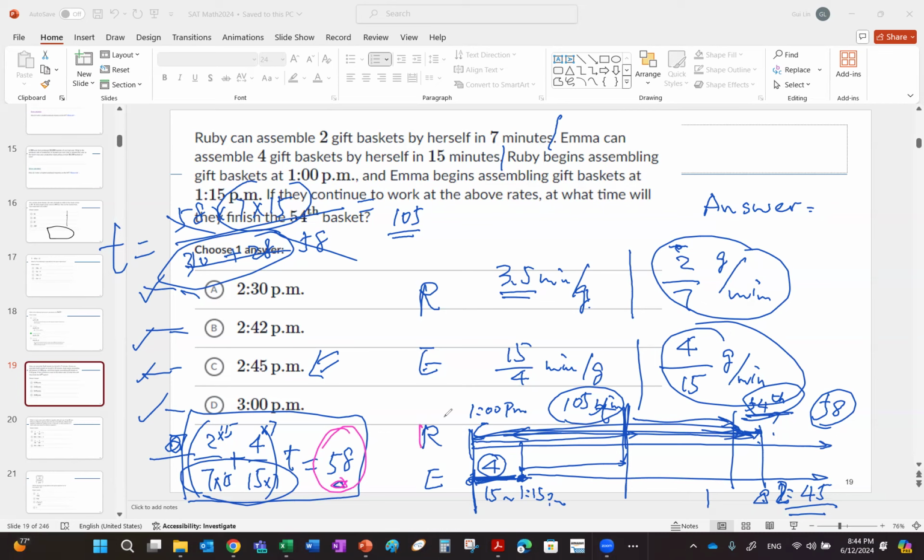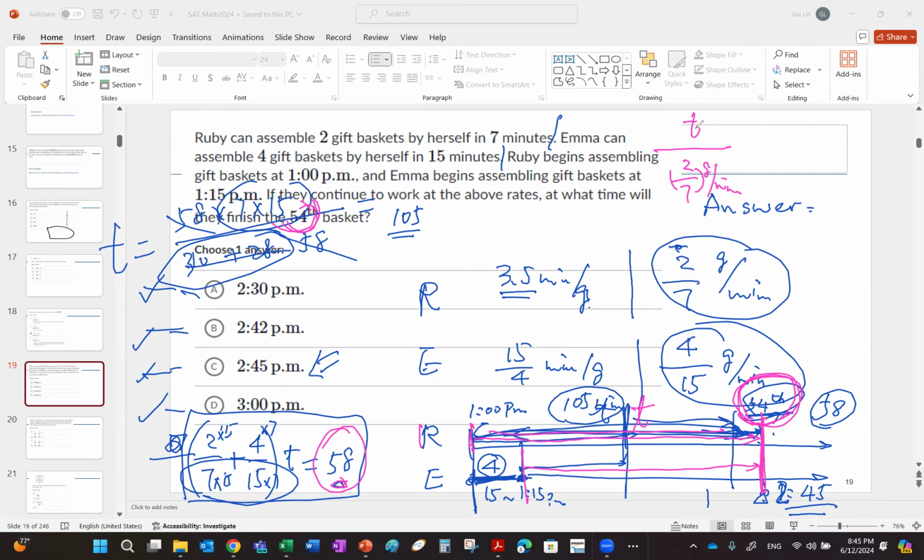The question says, if they continue to work at the above rate, at what time will they finish 54, right? Ruby begins here at 1 o'clock, and I don't know how much they make. And Emma finishes here, I don't know what they make either. But the total finish is 54, right? I cannot calculate the time directly, but you can say this is T. T divided by the Ruby part, which is gifts per minute.